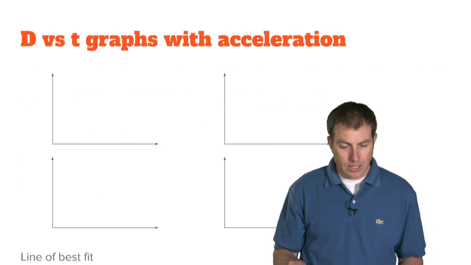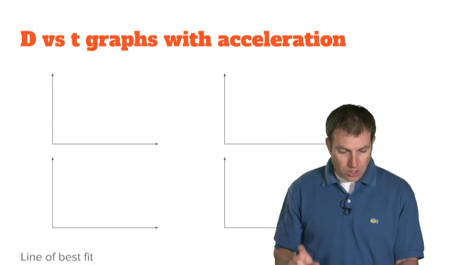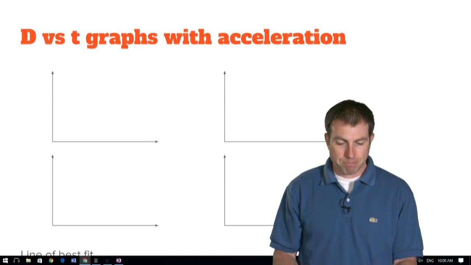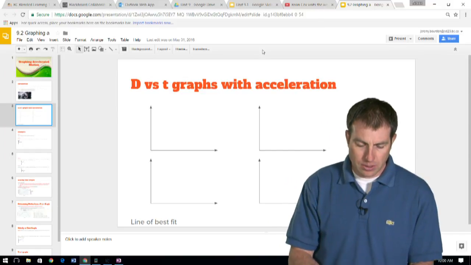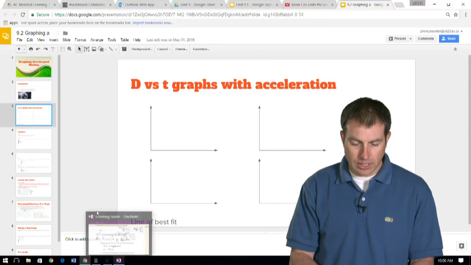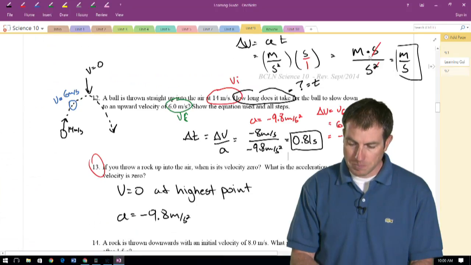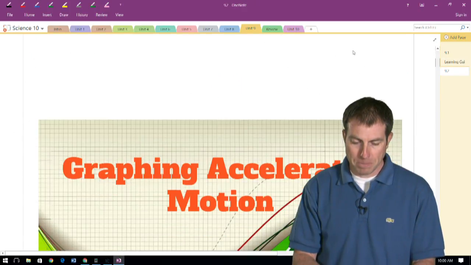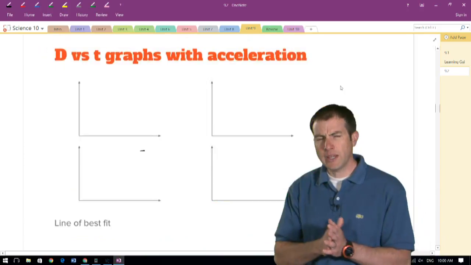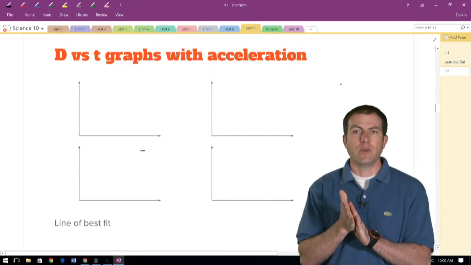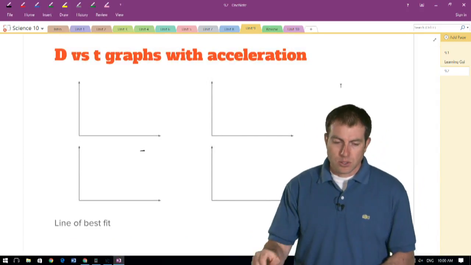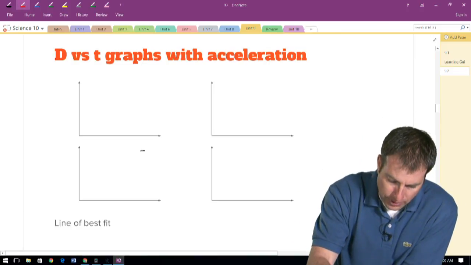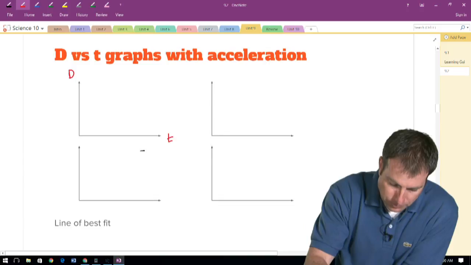So we need to talk about lines of best fit. It is in the course, and it's a pretty important concept, especially for science people who will continue on. A line of best fit is a line that represents the data. So if I had a bunch of data points, let's say I have a distance time graph.